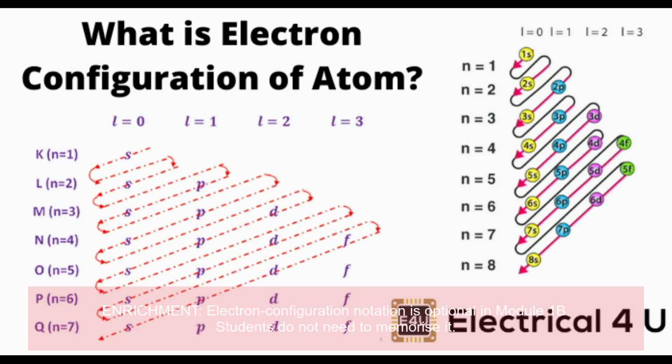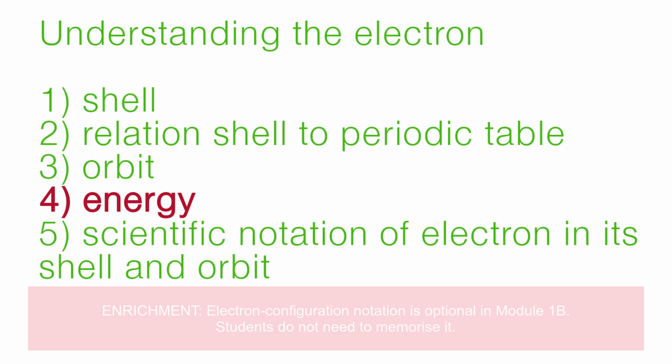So this is the order of how you fill the electrons, the shell and the orbits of the elements. So what I want to tell you is that electrons from one element can just jump inside any orbit of any other existing element.